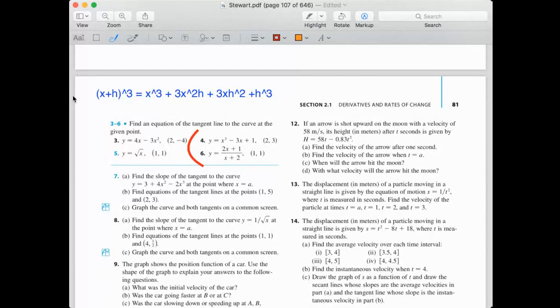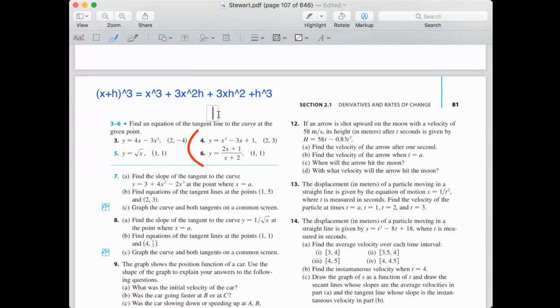So then I plug 9 into the formula y minus y1 equals m times x minus x1, and that simplified gave me y equals 9x minus 15.